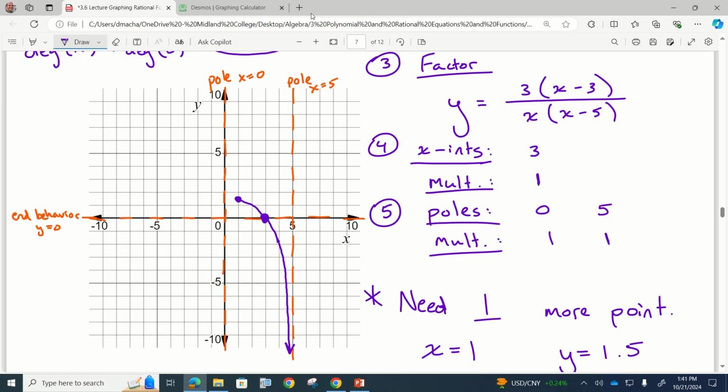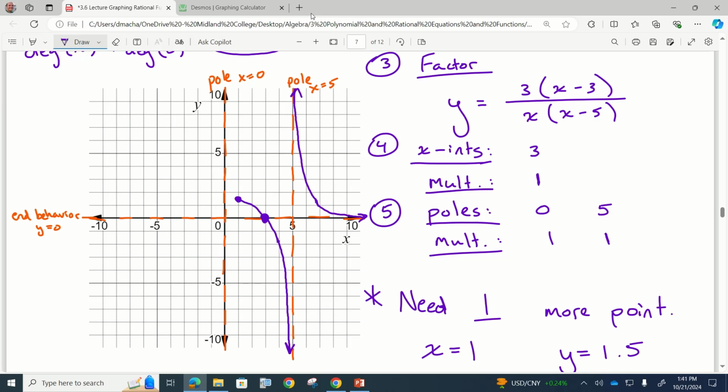There's not another x-intercept, so I can't go back up here. Now this pole at x equals 5 has an odd multiplicity, and so I have to restart on the opposite end. And as I go farther to the right, I make my curve get closer and closer to the end behavior, and the end behavior is approaching the x-axis, like that.